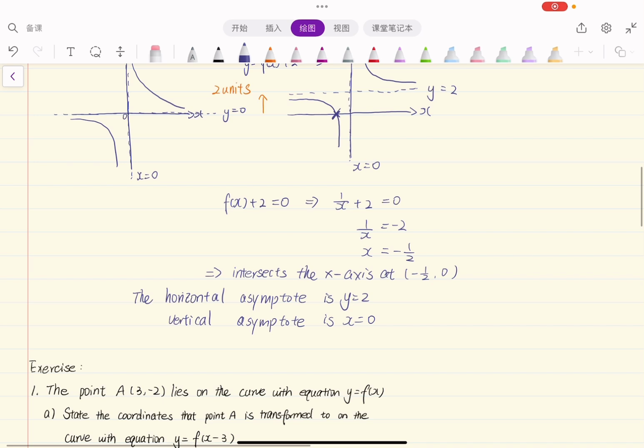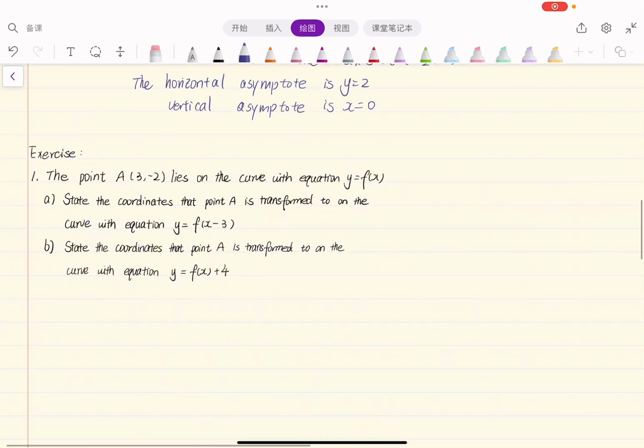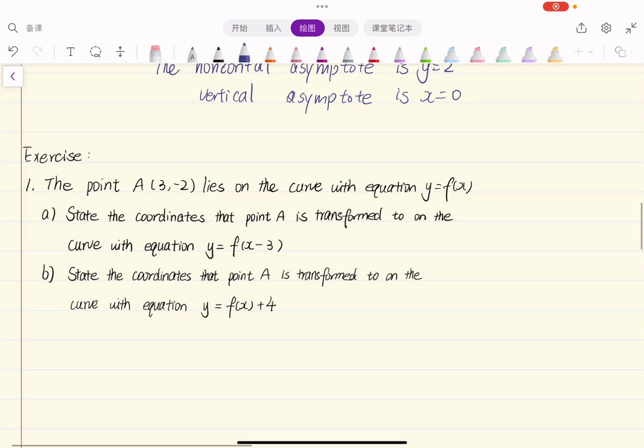Now let's move on to the questions. The first question says there is a point A (3, minus 2) that lies on the curve with equation y equals f(x). Part A asks you to state the coordinates that point A is transformed to on the curve with the equation y equals f(x minus 3).